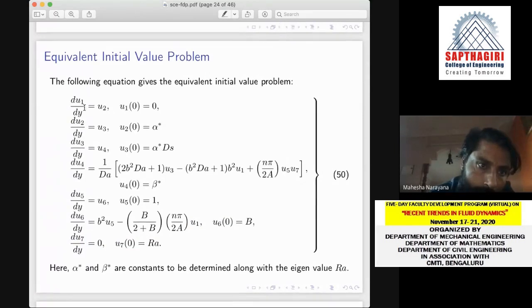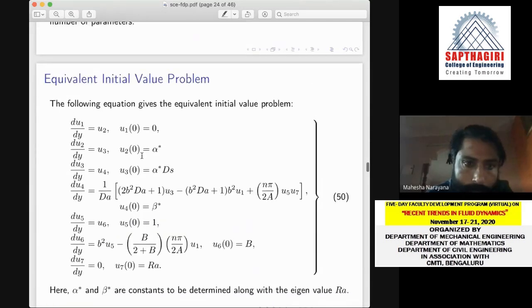Remember, f is of fourth order and g is of second order, and that can be put into a system of 4 plus 2, 6 first order differential equations. The seventh equation is an artificial equation where u7 is the Rayleigh number, and I'm just saying the derivative of Rayleigh number is 0. That is obvious because Rayleigh number is a constant. So the last equation is an artificial equation introduced for the problem of closure.